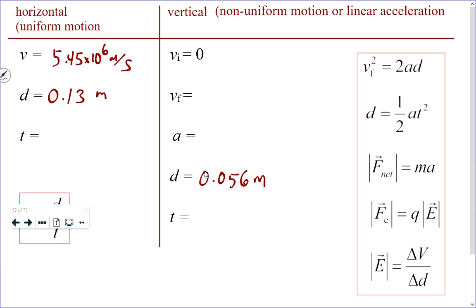So, think about this. We want the voltage. What is preventing us from finding the voltage? Well, we don't know the electric field. But we can calculate the electric field from this formula, except we don't know the force. We can calculate the force from this formula, but we don't know the acceleration.